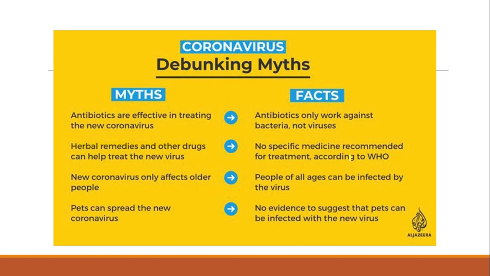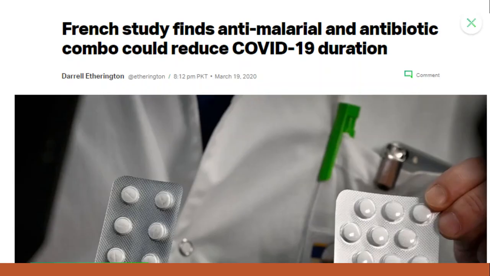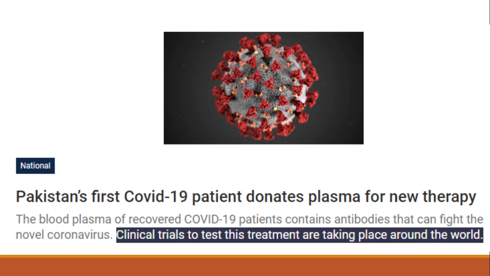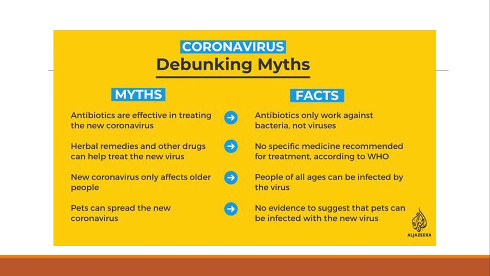However, clinical trials or research is going on regarding the malaria medicine as an effective treatment of coronavirus, or in some cases, research has also shown that the plasma of a person who has recovered from the corona disease can be an effective treatment for the patients.